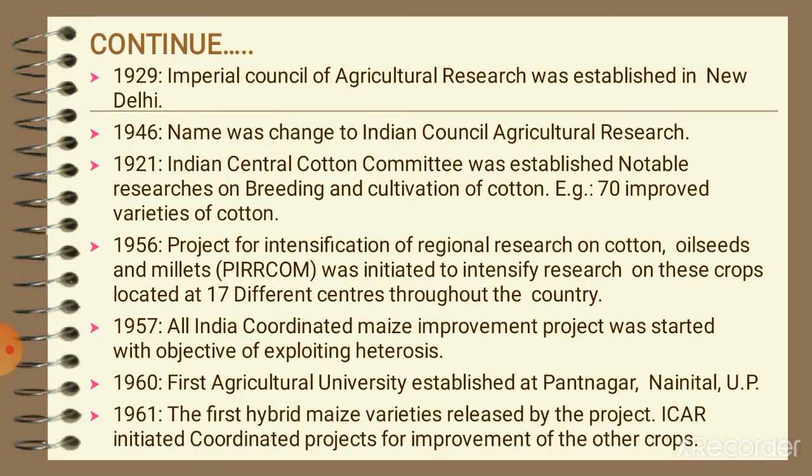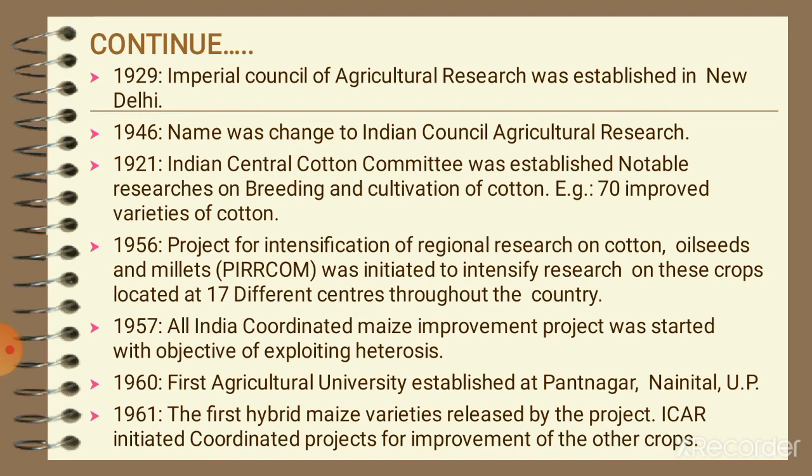In 1956, a project for intensification of regional research on cotton, oilseed and millets was initiated to intensify research on these crops. These centers or projects are located at 17 different zones or centers throughout the country.